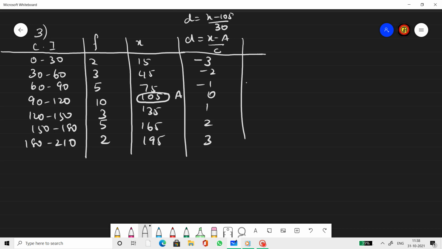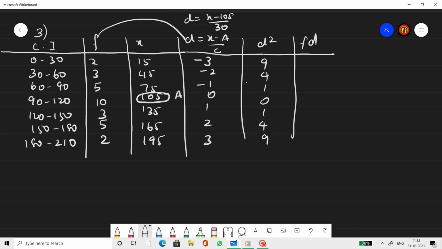Once we find d, next is d square: 9, 4, 1, 0, 1, 4, and 9. The next is fd, that is f into d multiplication: minus 6, minus 6, minus 5, 0, 3, 10, and 6.